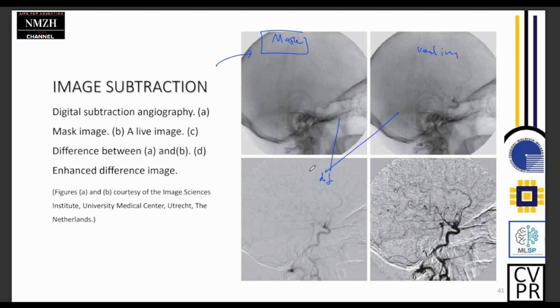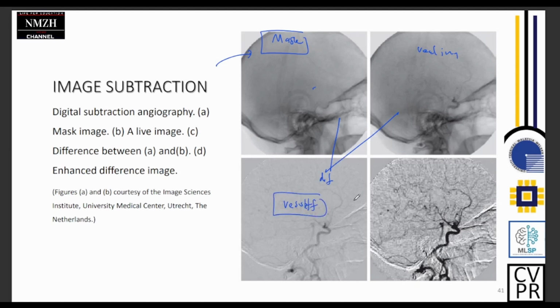Okay, so basically, if we try to subtract the mask and the real data that we gain from the experiment, we can't see a clear picture of the wanted result.